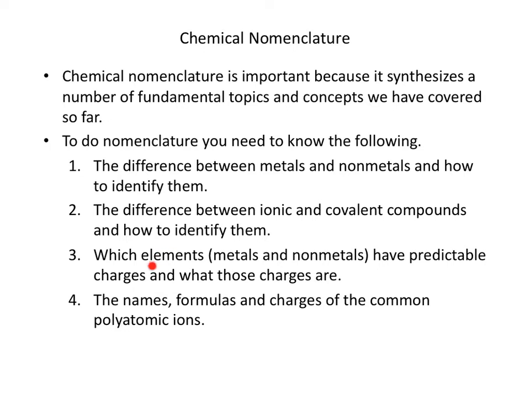You need to know which elements have predictable charges. All the nonmetals, we know what their charges are, but you have to know which metals have predictable charges and which ones don't. And what's also really important and essential is that you know the names, the formulas, and the charges of the common polyatomic ions. Knowing the polyatomic ions is critically important to being able to do nomenclature.